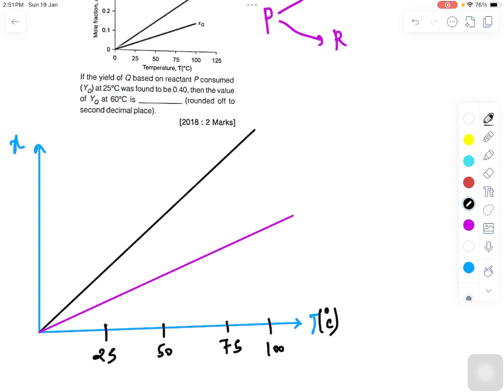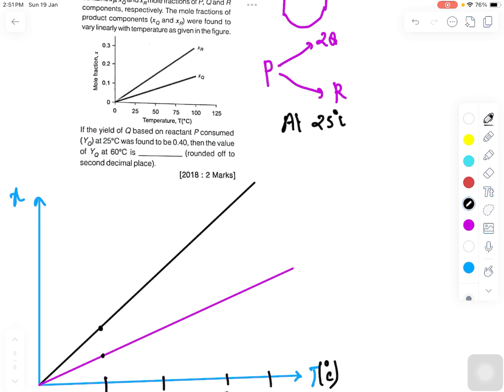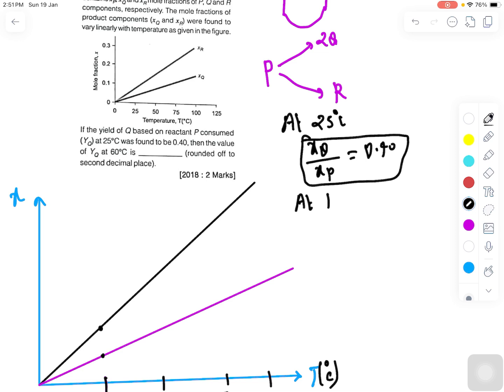At 25 degrees centigrade it has been given that the yield of Q based on the product, let's say yield of Q, which is XQ divided by XP, is equal to 0.40. That is given to you. You are supposed to calculate the yield at 100 degrees centigrade. So this one is your YQ.